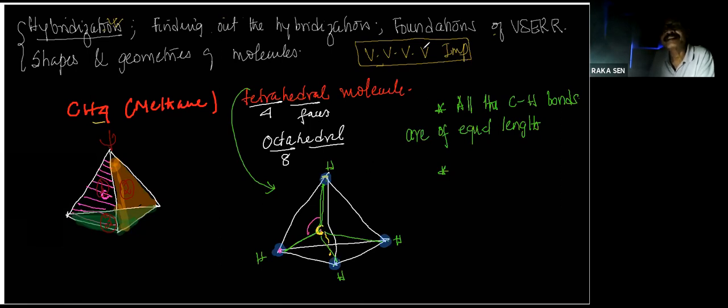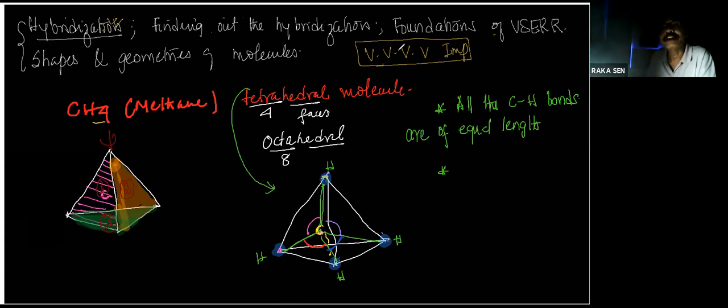The second angle is this hydrogen, this carbon, this hydrogen. Second angle. The third angle is this hydrogen, this carbon, this hydrogen. Third angle. And the fourth angle is this hydrogen, this carbon, this. So I've got these 4 angles.